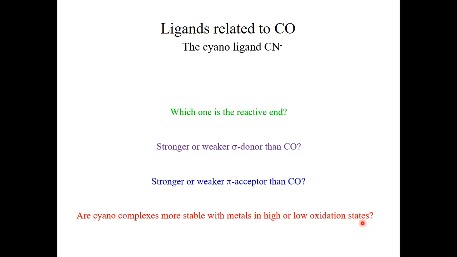The CN minus anion is negatively charged, so there's electrostatic attraction between CN minus anions and metal cations, and therefore in cyanides, you have a higher stability when the metal is in a higher oxidation state. So I'm not aware of a cyano complex in which the metal actually has a negative oxidation state.